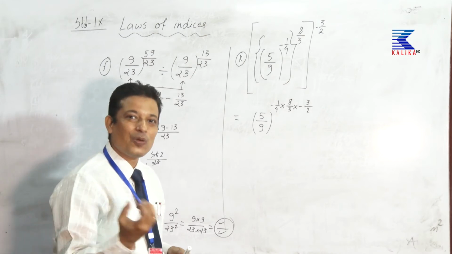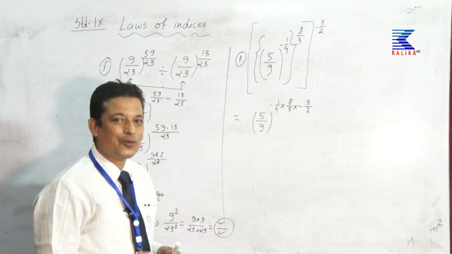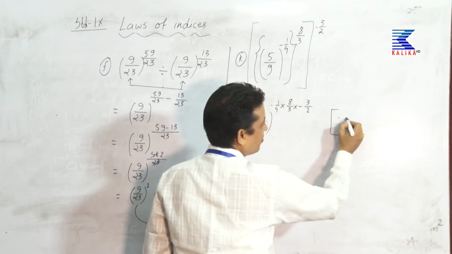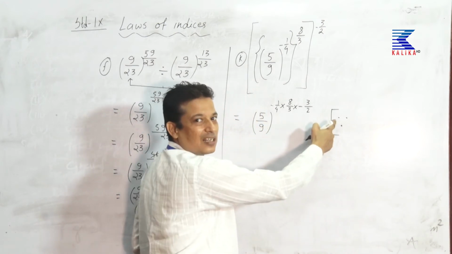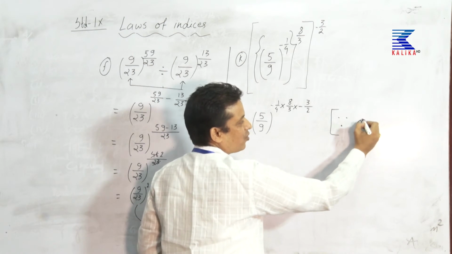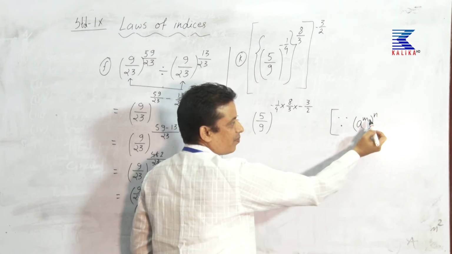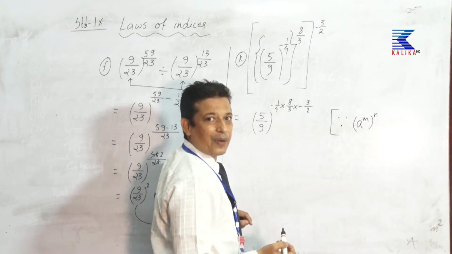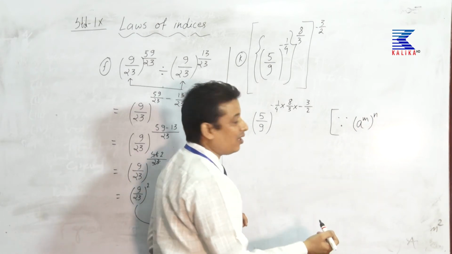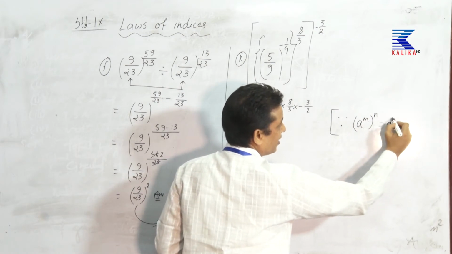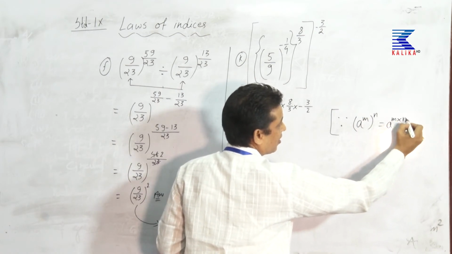So which rule, which law of indices did we use here? As per the laws of indices, if a to the power m to the power n, this is the case, a power raised to a power, then these two powers should be multiplied, like this.